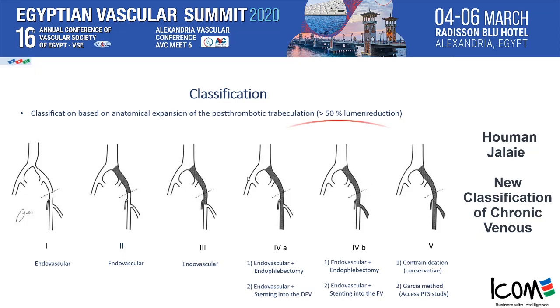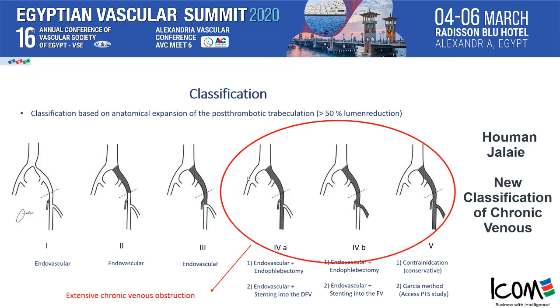But then we come to the so-called extensive chronic venous obstruction, which needs, as for 4A, endovascular treatment of the iliac tract plus endophlebectomy, or endovascular treatment and stenting into the deep femoral vein. For 4B, again, endovascular plus endophlebectomy as a hybrid procedure or stenting into the femoral vein. And group 5 should be considered as contraindication.